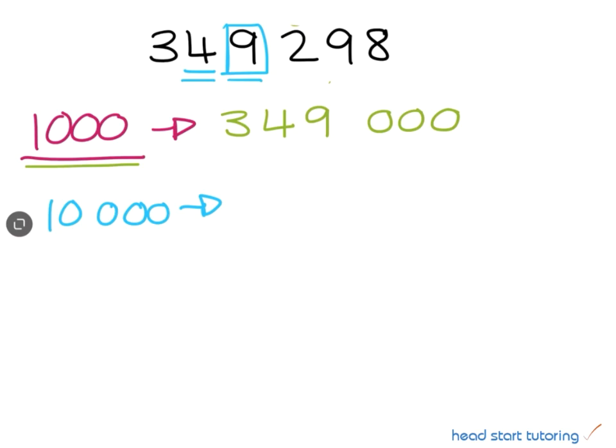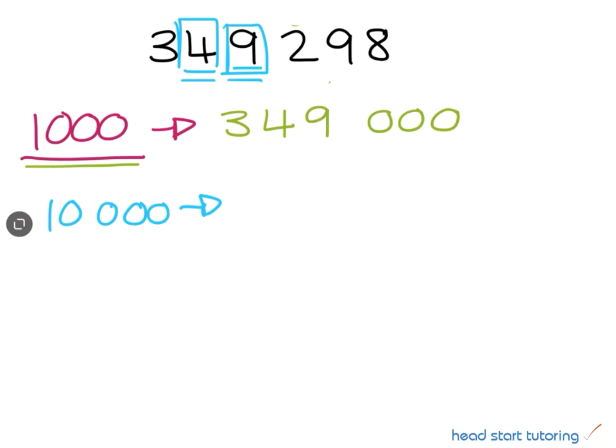If the number in this column was 5, 6, 7, 8, or 9, this 4 would become a 5. And that is because 49,298 is closer to 50,000 than it is to 40,000.